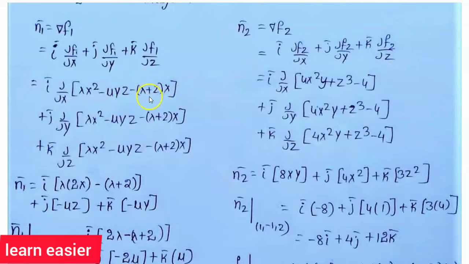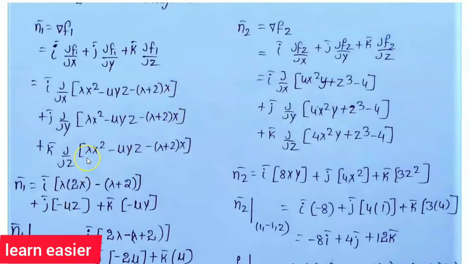So 1 into lambda plus 2. Now we have to take the derivative with respect to y by taking x and z as constants. Here is lambda x square, which has no y term, so the derivative of this term is 0. Here we have y, so the derivative of y is 1, and 1 into minus mu z is minus mu z. Here we have no y term, so the derivative of this term is 0, so we get only minus mu z.